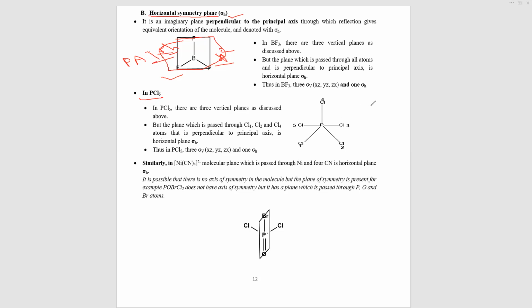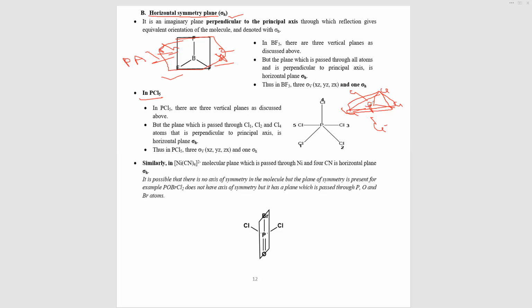If you see the PCl5 molecule, it is like this: Cl, Cl, and Cl. So these two are axial bonds and these three are equatorial bonds. Equatorial bonds means these are in the plane. So a horizontal plane can be passed through this, which bisects the molecule into two halves.